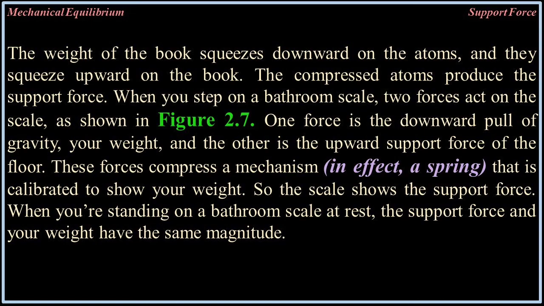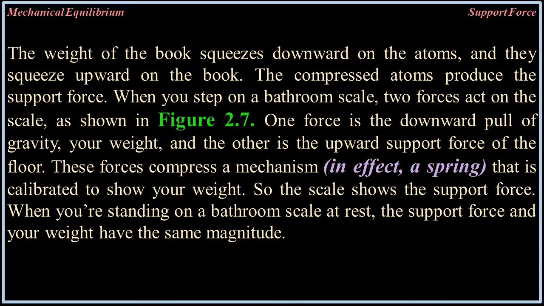When you step on a bathroom scale, two forces act on the scale, as shown in figure 2.7. One force is a downward pull of gravity, your weight, and the other is the upward support force of the floor. These forces compress a mechanism, in effect a spring, that is calibrated to show your weight.